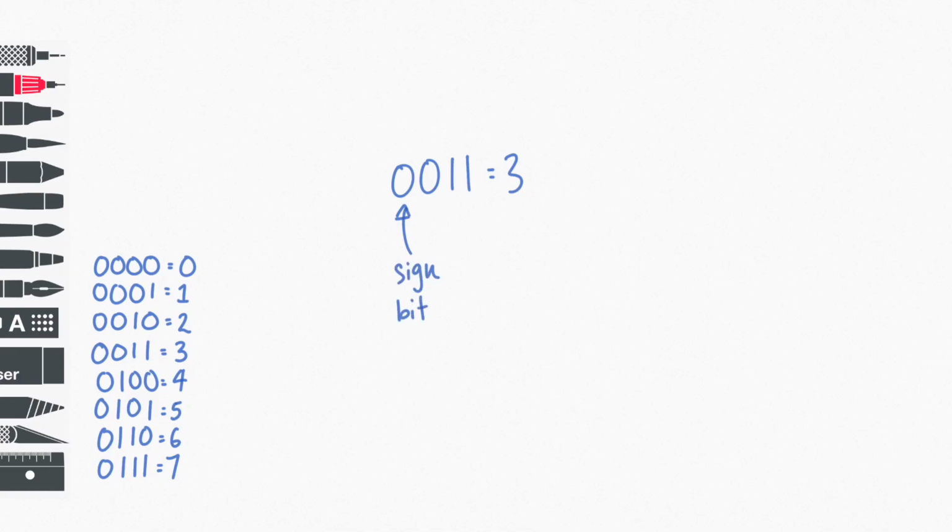So this bit is going to denote whether it is a positive number or a negative number. A 0 is going to mean it is a positive number, and a 1 will mean that it is a negative number. So to make 3 into negative 3, all we want to do is change that first 0 into 1 and then just leave the rest the same. So this is what they thought will work out.